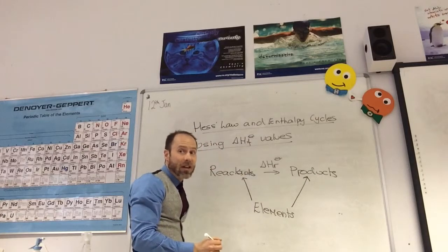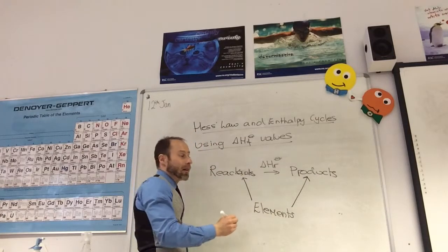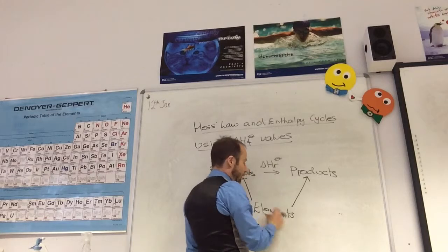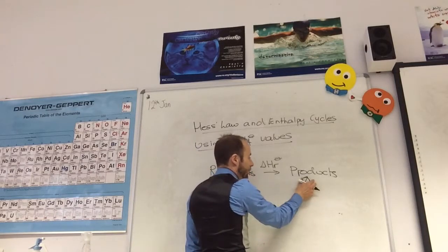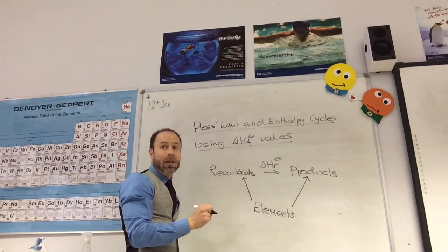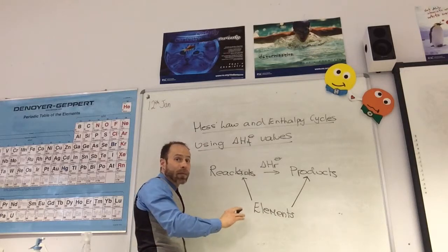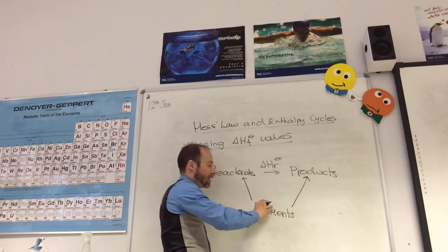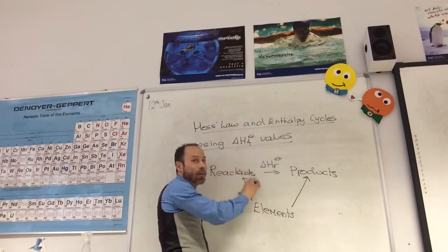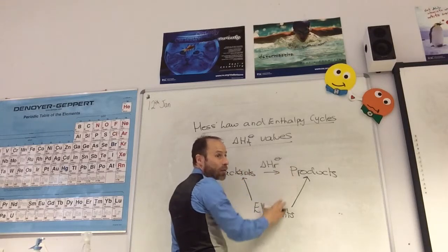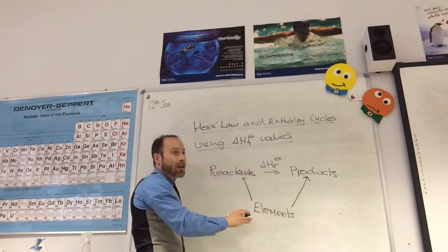So my cycle looks like that. Elements down the bottom, arrows point up, like so. Are you happy why they point up? Because formation data is elements giving me compounds, so they've got to point up like so.